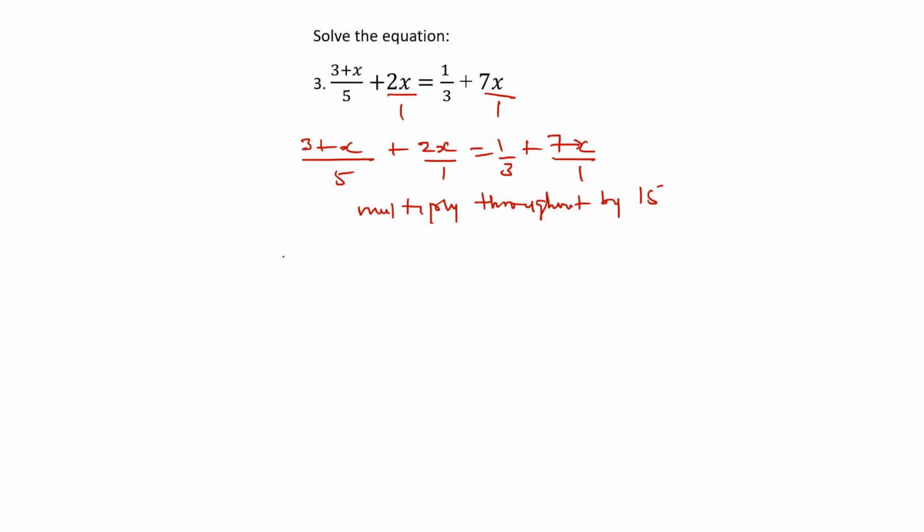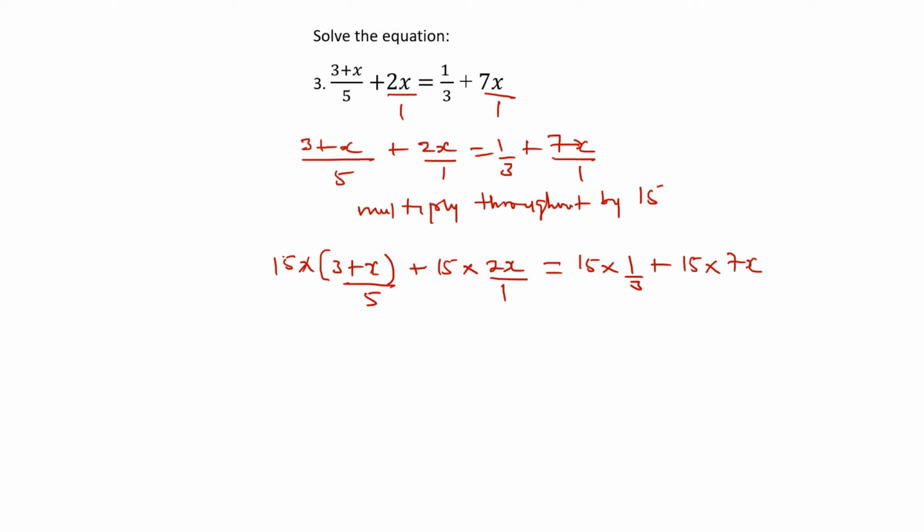So here we say 15 multiply by, since this involves 3 and x, we're going to put it in a bracket. 3 plus x all over 5 plus 15 multiply by 2x over 1 is equal to 15 multiplied by 1 over 3 plus 15 multiplied by 7x.